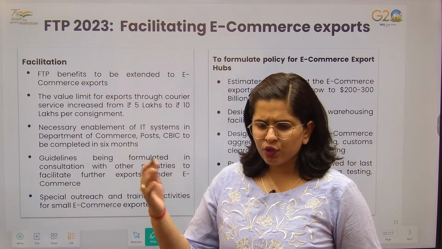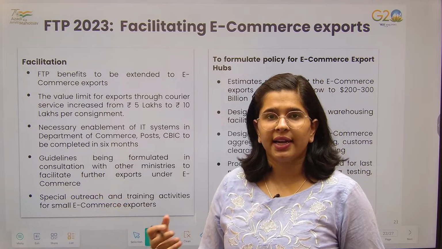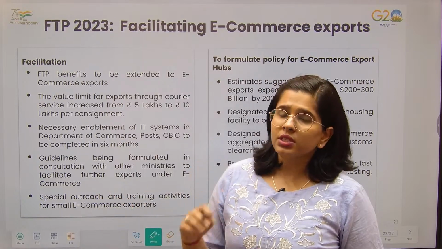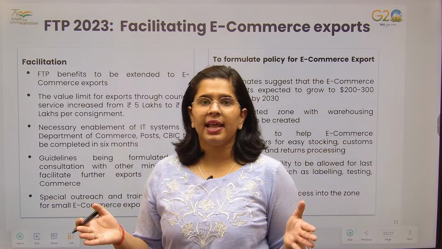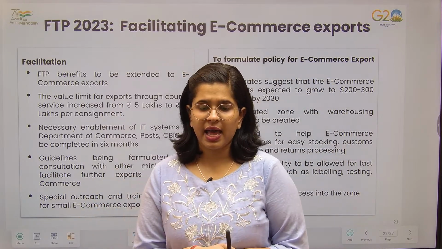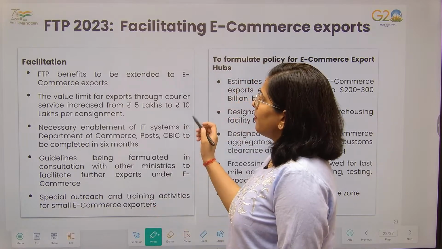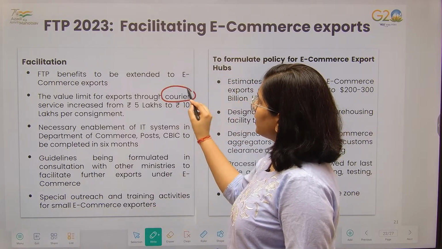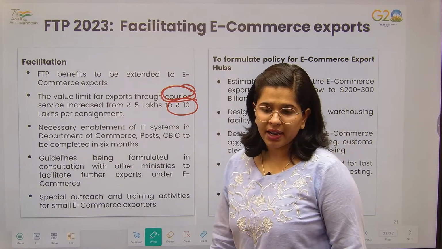Sometimes you must have seen that the pages say that we are shipping worldwide, etc. Fine. So this is called e-commerce, where all the sale and purchase transactions are happening online. So what we are doing under this, the value limit for exports through courier service is increased up to 10 lakh rupees per consignment.